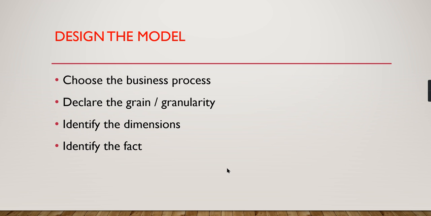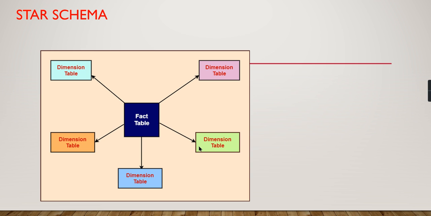Once you understand these different steps, you can build your star schema. So you identified that in sales, you have one fact table holding the sales information and different dimensions surrounding it.